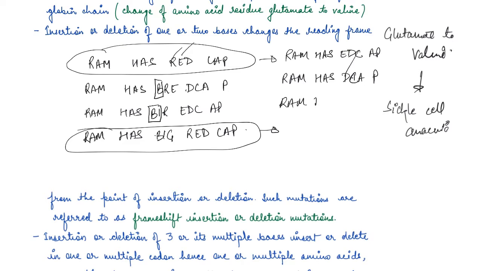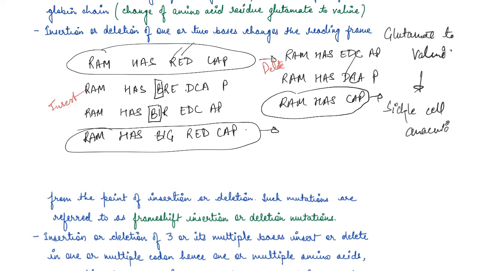Then Ram has cap. Again, if you see this and this, it's changed. So whether you insert or you delete the base pairs, you will find that there is a change in the meaning, there is a change in the genetic code, and that is how we have a lot of disorders happening, right?